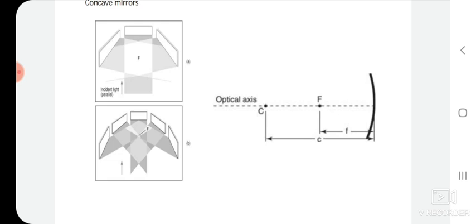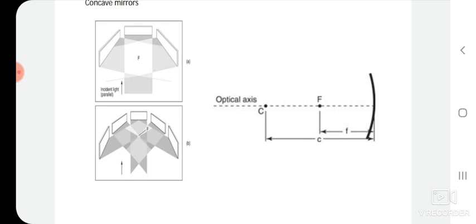And second one, the ray directed through F will reflect parallel to the optical axis. Third one, the ray directed to the center of the mirror will reflect at the same angle to the optical axis.